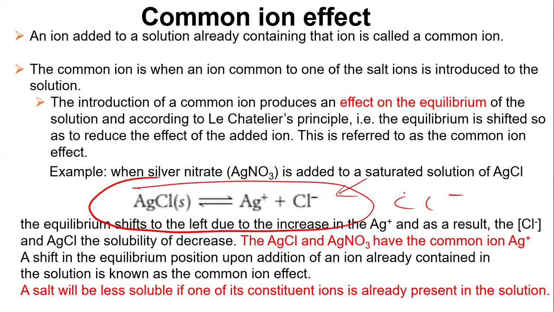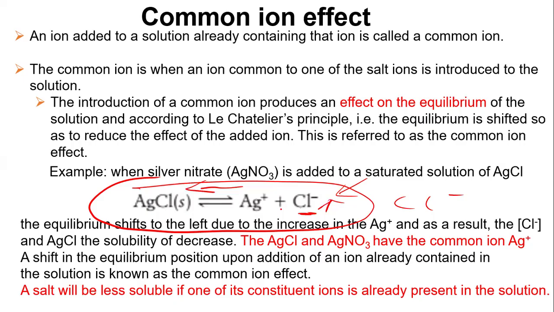So if I add more chloride, the chloride concentration has increased. Now the equilibrium will have to shift to my left, such that the silver and the chloride will combine to reduce the amount of chloride that has been added, so that equilibrium can be maintained.